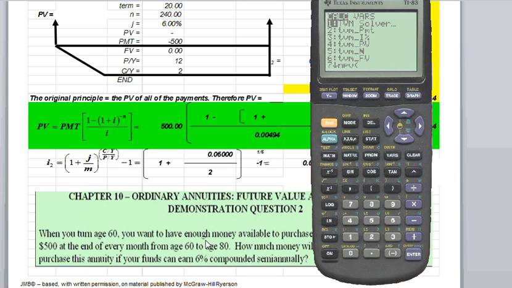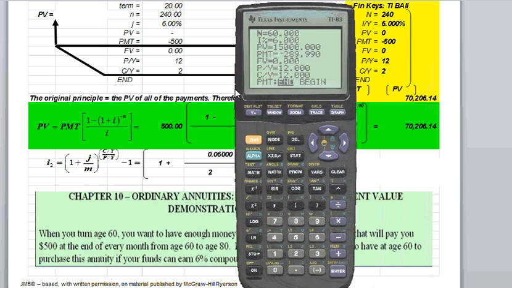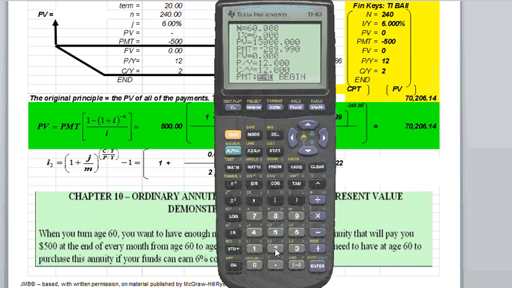For the TI-83/84, it's very similar. We're going to put in here N equal to 240, I equal to 6, present value equal to 0, payment equal to minus 500, future value 0, number of payments per year 12, number of compounding periods per year 2, and then enter.